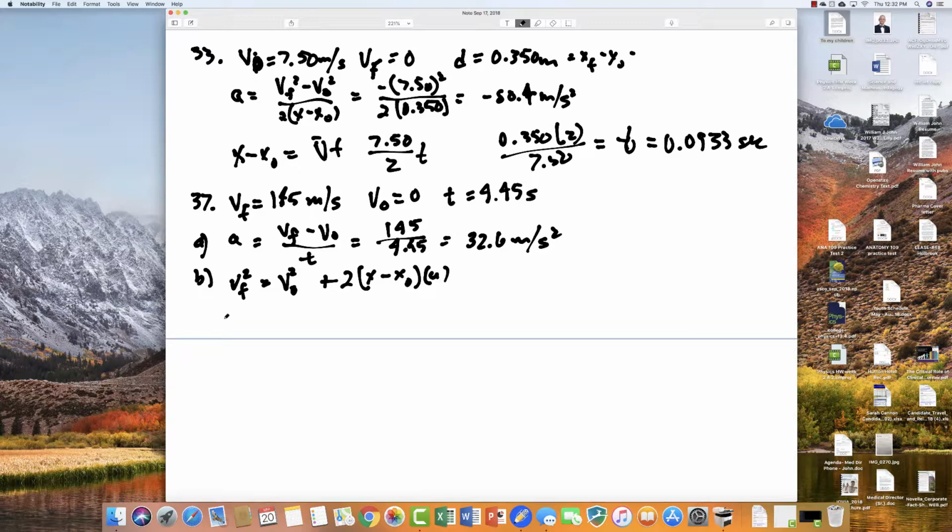And so we're going to say that V is going to be the square root of 2 times 402 meters times the acceleration that we found, which was 32.6, since V0 is 0. If we do this math, we get 162 meters per second, which is slightly more than 145.